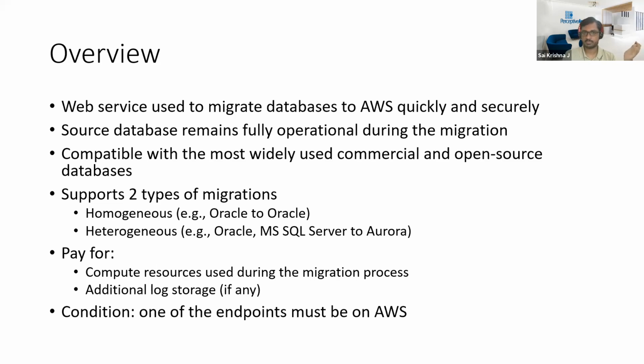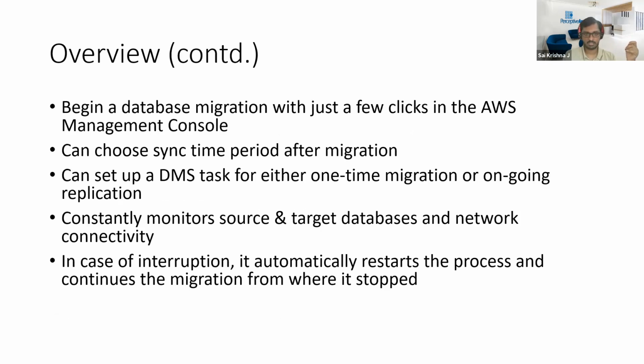So we said it is a web service to migrate databases to AWS quickly and securely. We talked about two different types of migrations, homogeneous and heterogeneous, and then details regarding the payments and certain conditions, and certain technical details also we discussed, and then we also discussed this fail-safe feature that it provides.